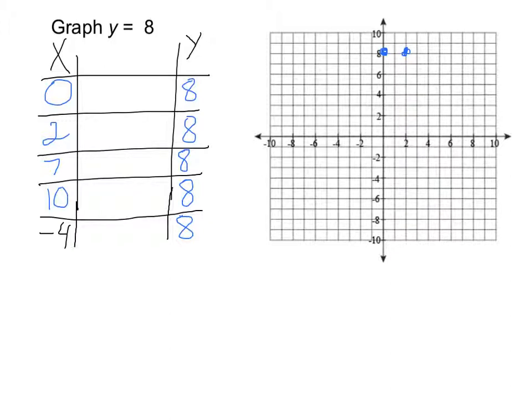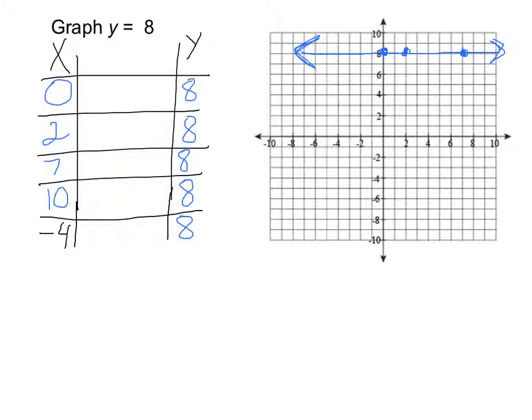And for (7, 8), I go over to where x is 7 and up to where y is 8. If I connect these dots, what I have is a horizontal line that crosses the y-axis at 8.